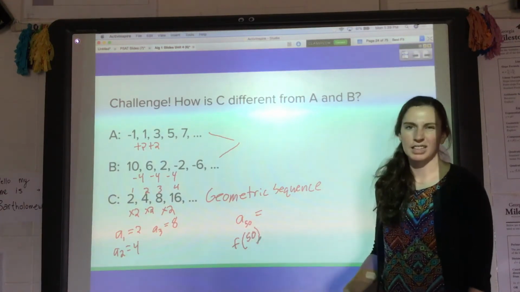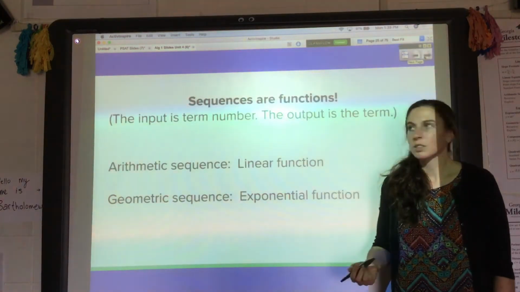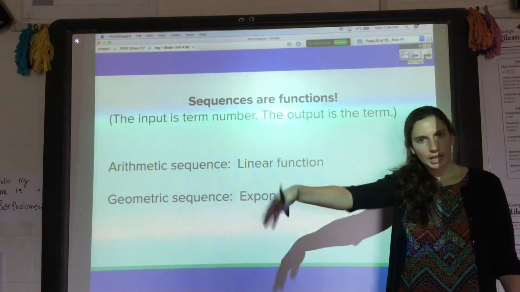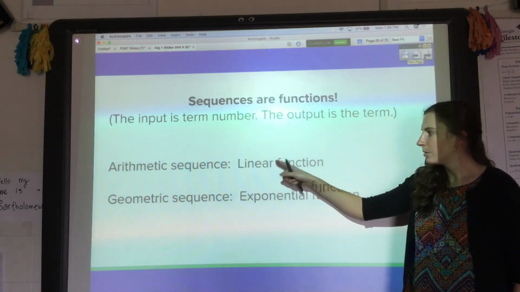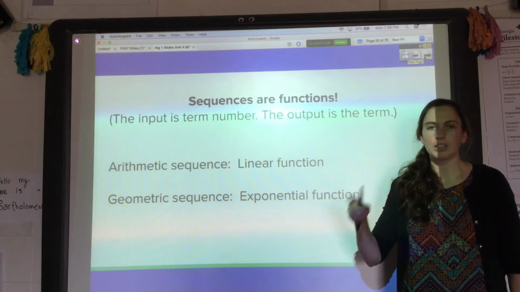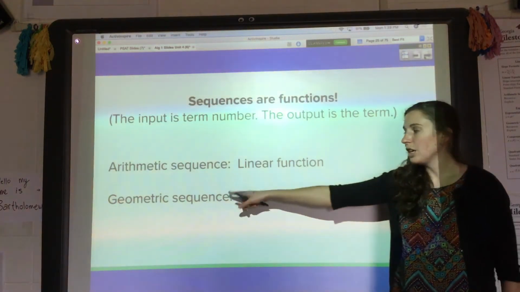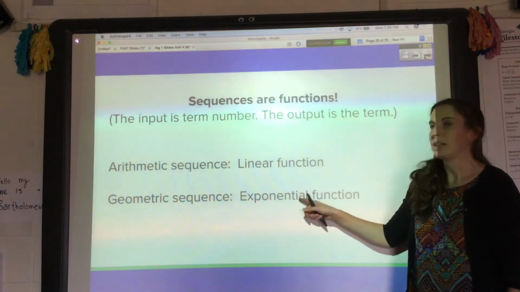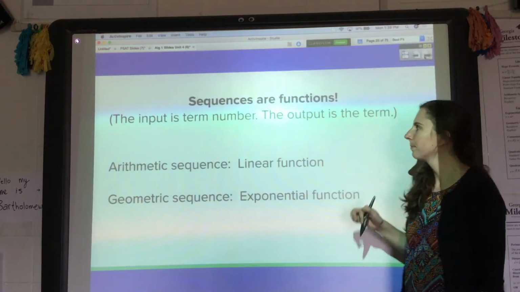These are pretty much the same thing. So keep in mind, sequences are just functions, where you put in the term number and you get out the term. An arithmetic sequence is basically just a linear function because you're adding or subtracting the same number each time, but a geometric sequence is an exponential function because you're multiplying by the same number each time.